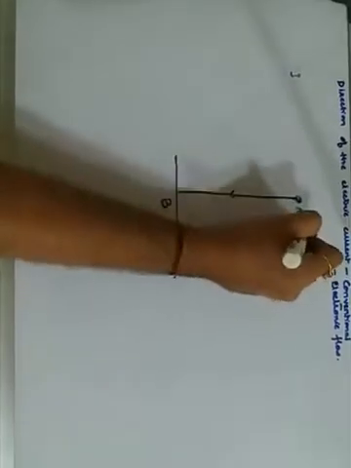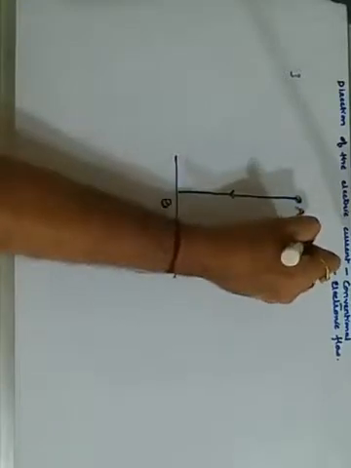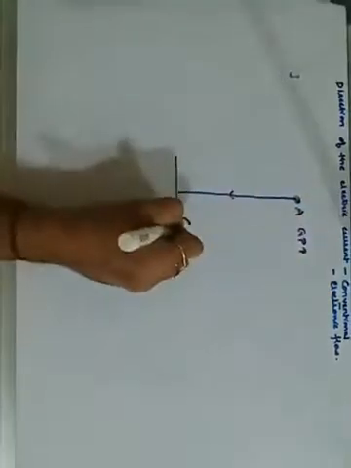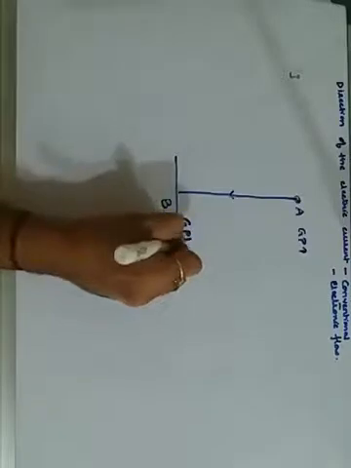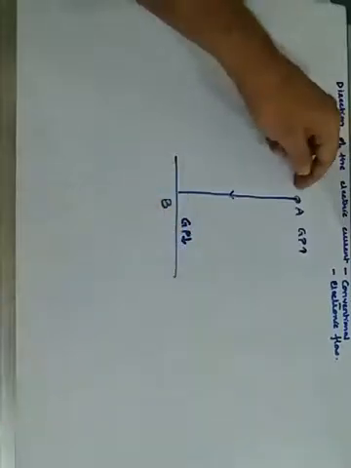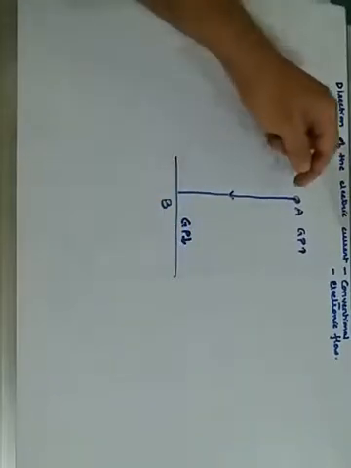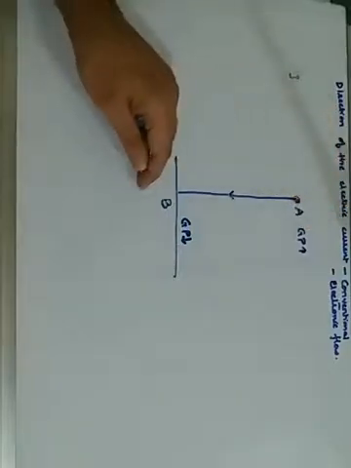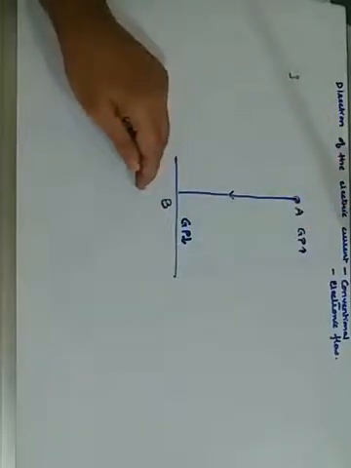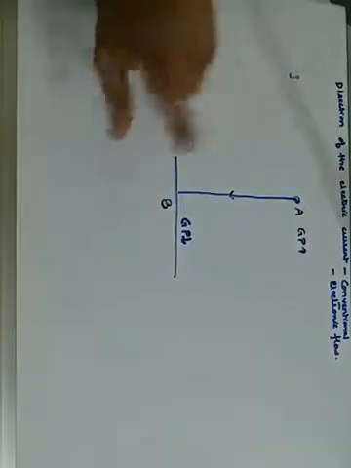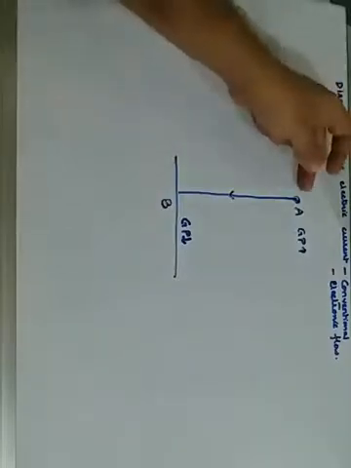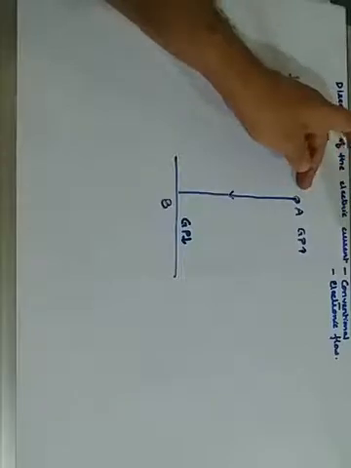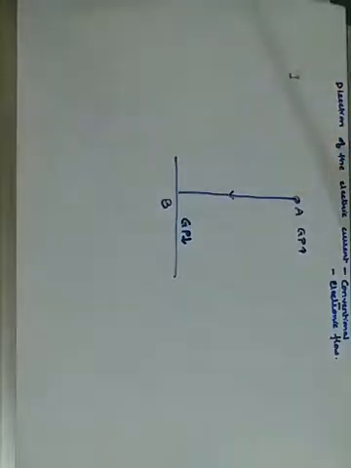Here the gravitational potential energy is higher and here the gravitational potential is less. So it is moving from higher to lower, or I can say from higher gravitational potential to lower gravitational potential. Getting it? This is one example. When a body is released from a certain height, it always moves from higher potential to lower potential.